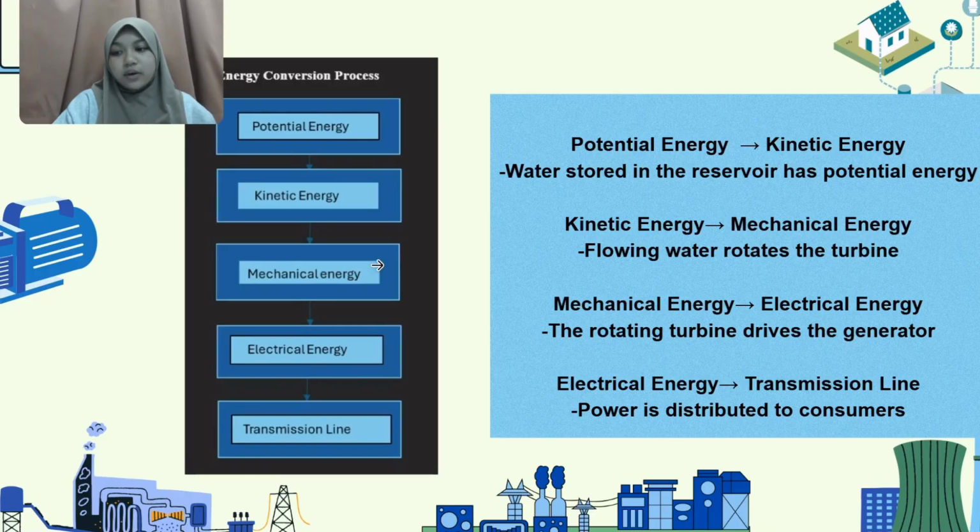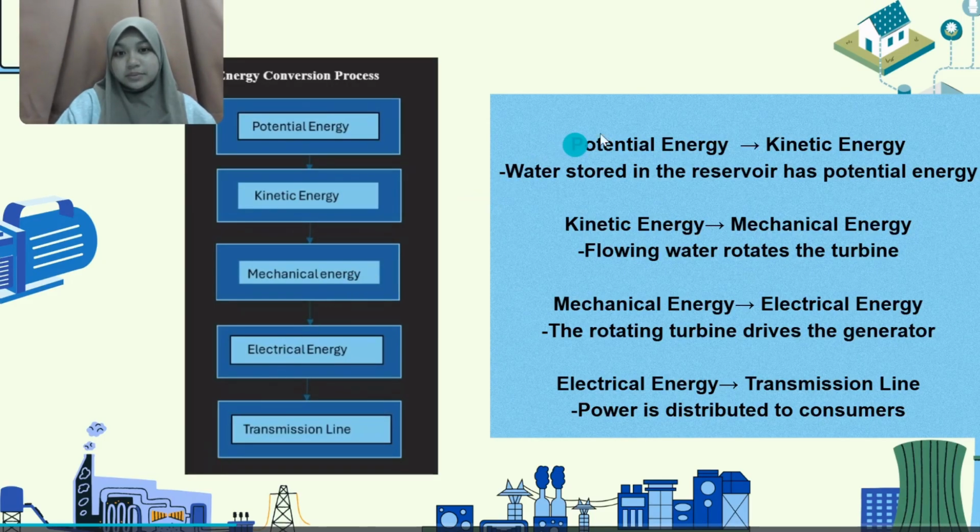Then, the flowing water rotates the turbine, converting kinetic energy into mechanical energy. After that, the rotating turbine drives the generator, where mechanical energy is converted to electrical energy. And the last one is the generated electricity is transmitted through the transmission line and distributed to homes and industry.